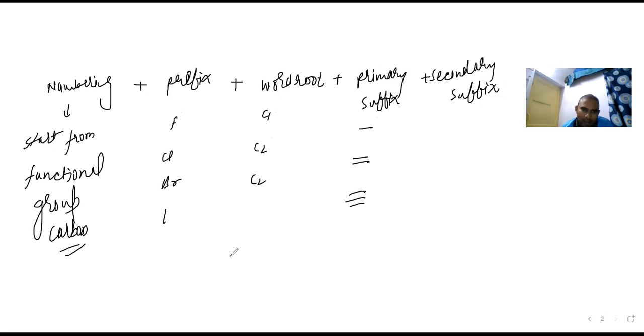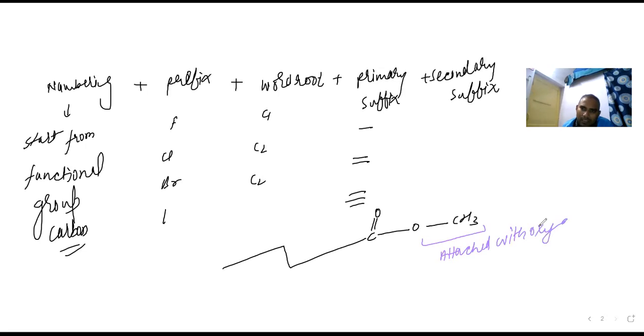Now suppose I am taking the example C double bond O, O CH3. You can see this is attached with oxygen. Whatever is attached with oxygen is going to be your prefix.